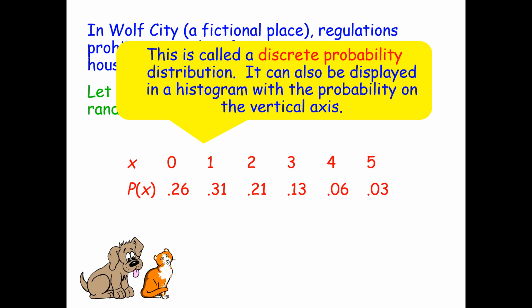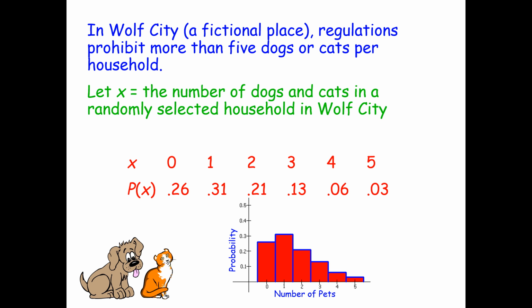It can also be displayed in a histogram with the probability on the vertical axis. So something like this. Let's talk a little bit more about discrete probability distributions.